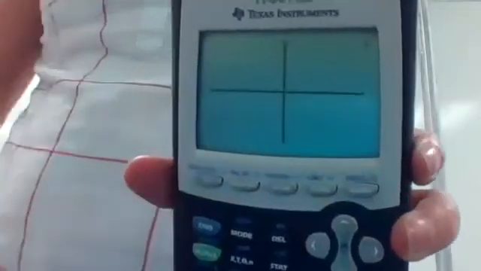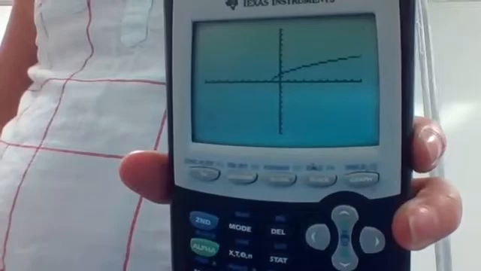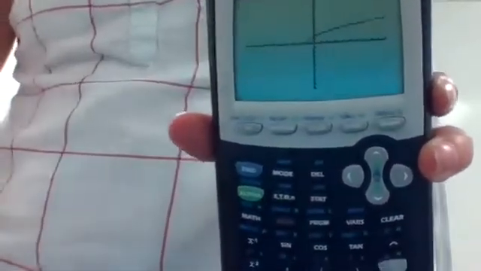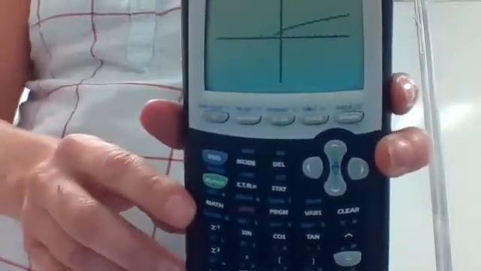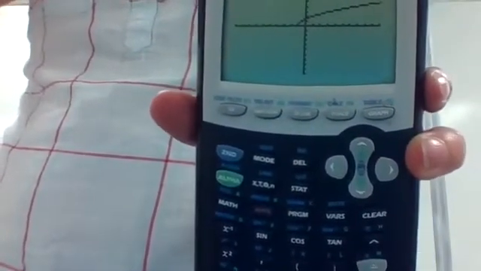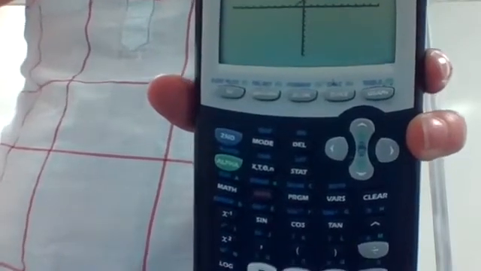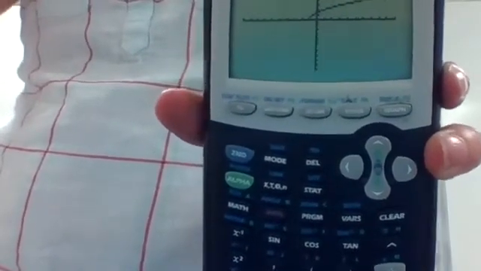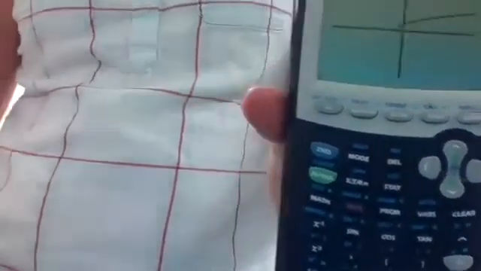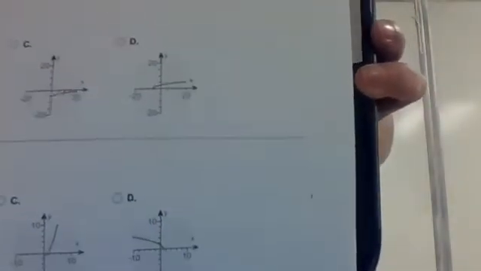Let's see what this looks like when I graph it. There's my square root. I'm looking at my multiple choice options. I know it's not B because it's not a line. Actually, you know what it is by looking at your multiple choice, right? Because C and D are wrong also because why? Right. They don't even have the right shape.